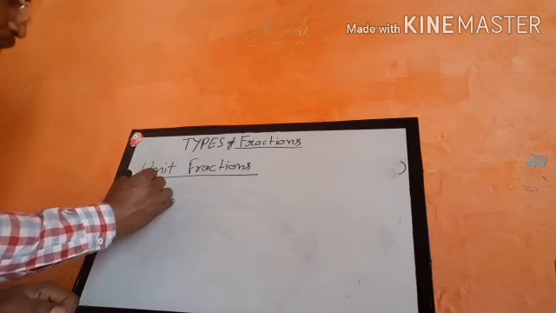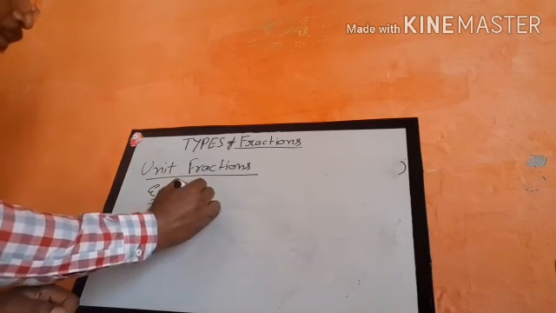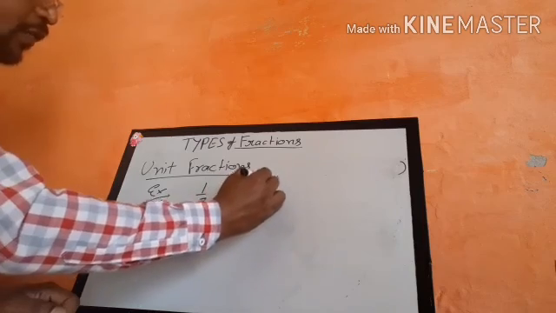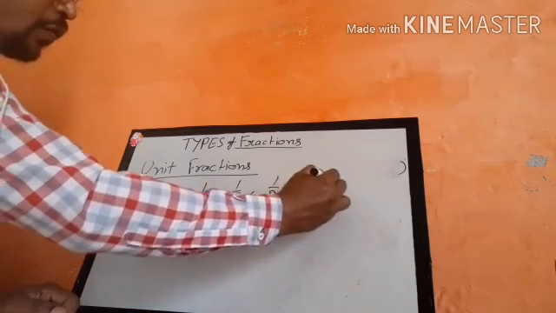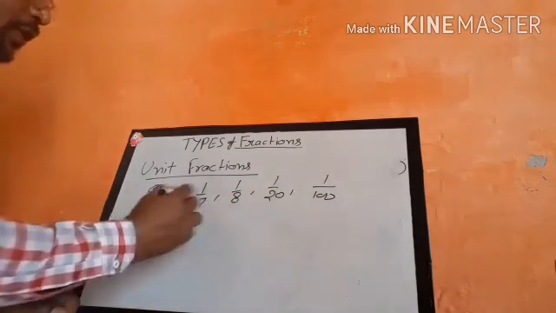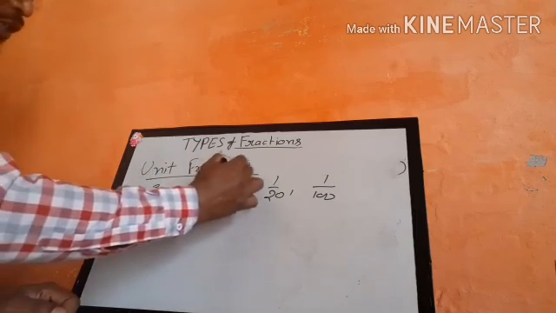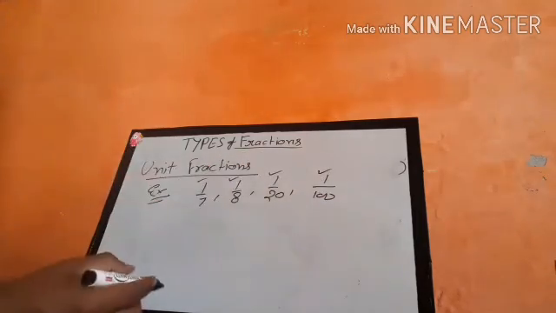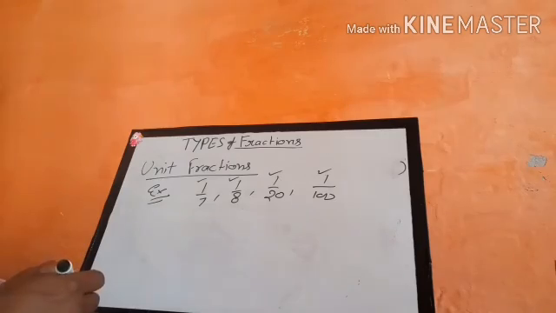So for example, 1 upon 7, 1 upon 8, 1 upon 20, 1 upon 100. So you can see these fractions have 1 as the numerator. So this kind of fraction is known as unit fractions.